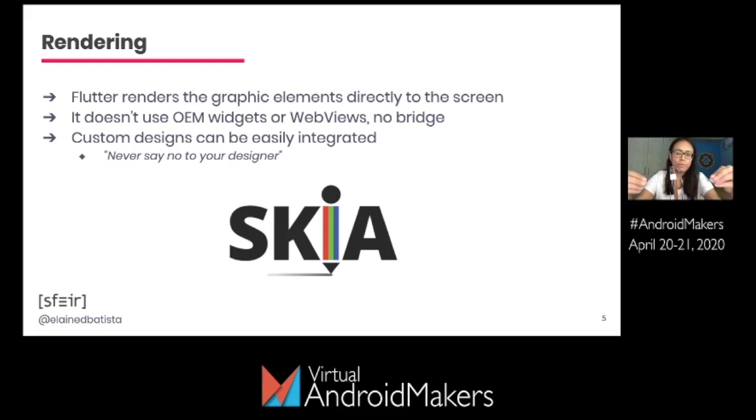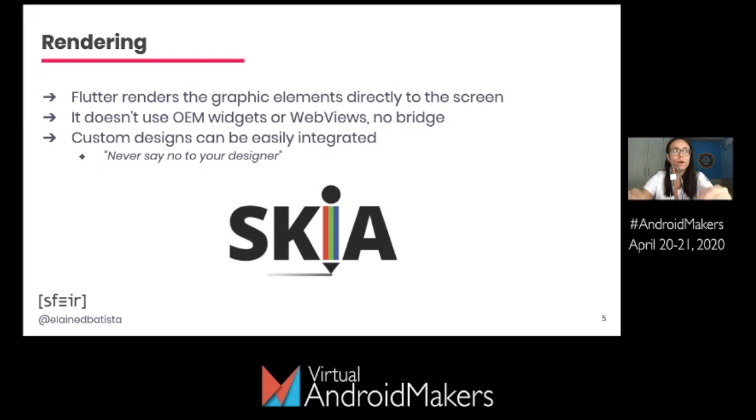So when you're displaying a button, when you're displaying a text or anything that is on the screen, it is not using the Android button, it's not using the iOS button, it's not using WebView, any kind of bridge. Everything is managed by the Flutter framework, and every pixel that is rendered on the screen is controlled by the framework.